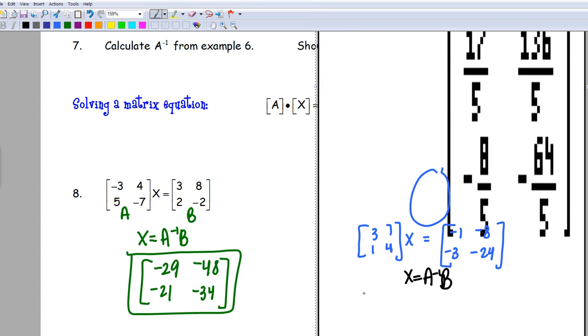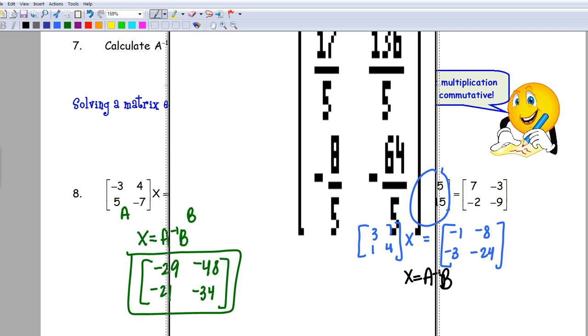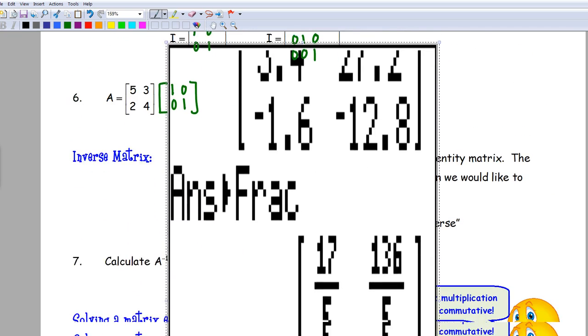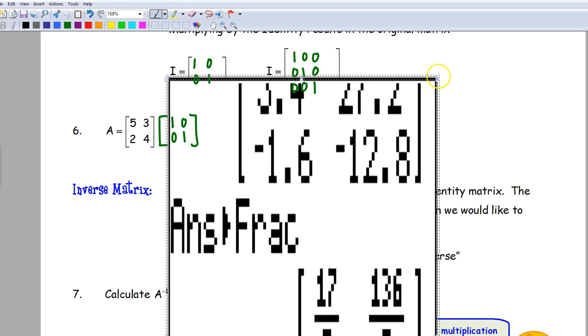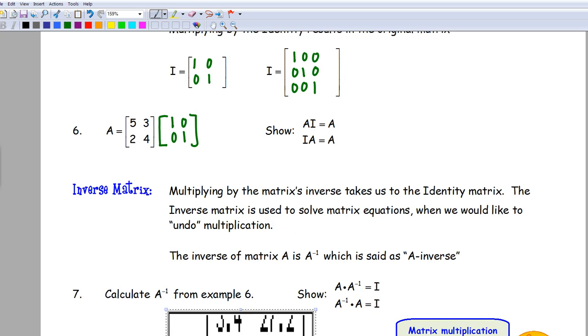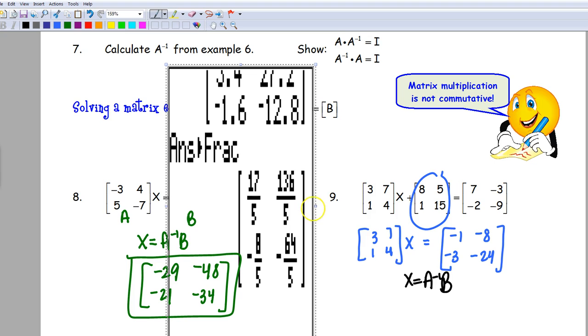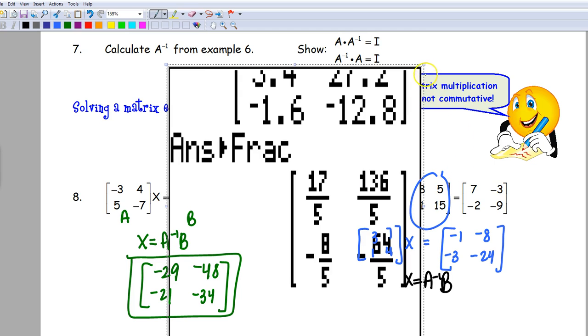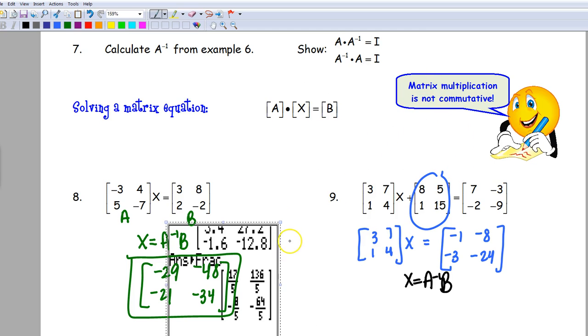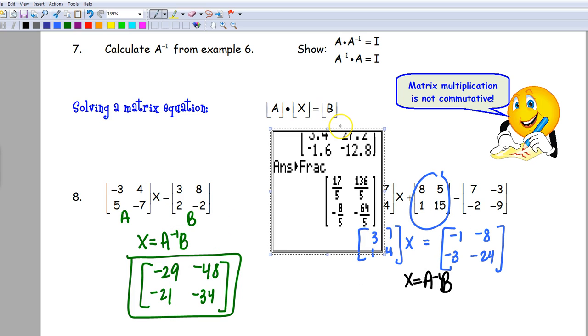And wow, there's your answer. A very large answer. I'm not sure why it decided to make it that big. There you go. It's a little squished, but that's what you should get. The decimal is fine since it's not repeating, or the fraction.